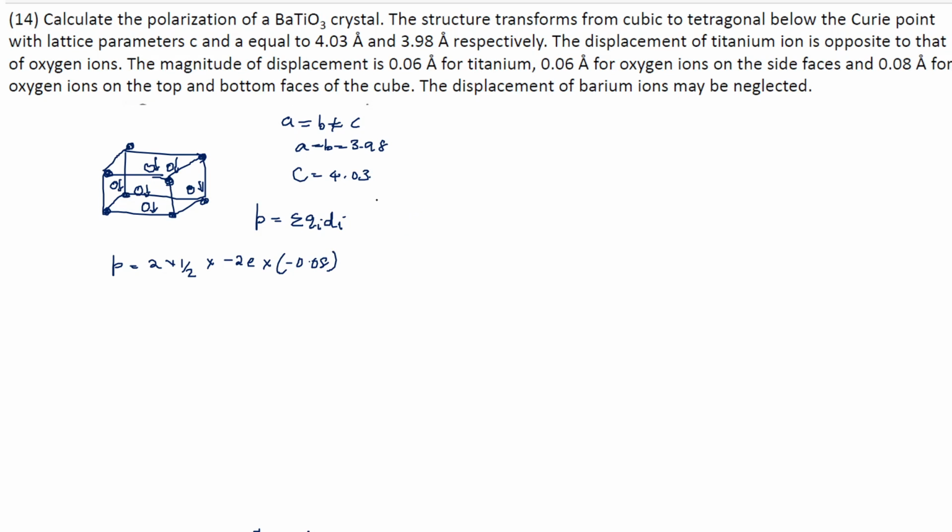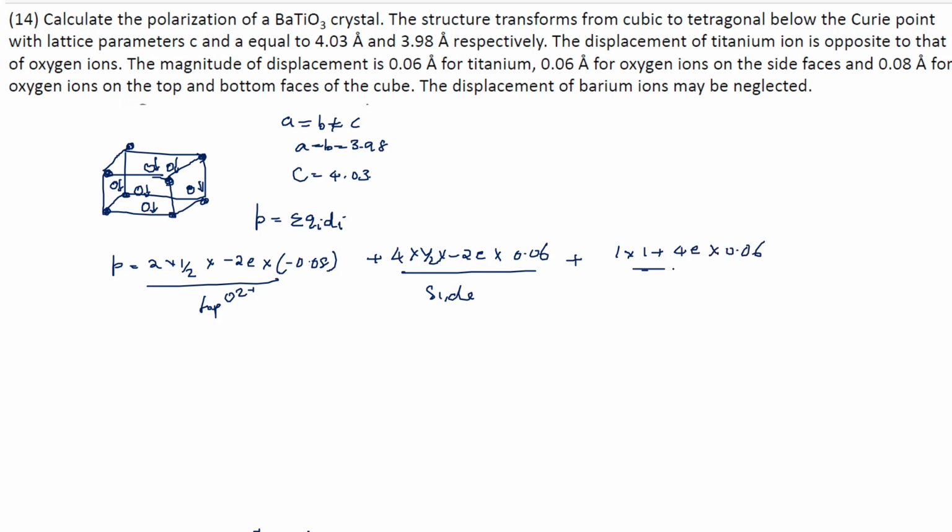Plus similarly 4 into half into minus 2 electron into 0.06, for the side faces. Okay, this is top and bottom O2 minus, and this is corresponding to the side. Then plus, which atom, 1 into plus 4 electron into 0.06, this is for the Ti 4 plus atom.